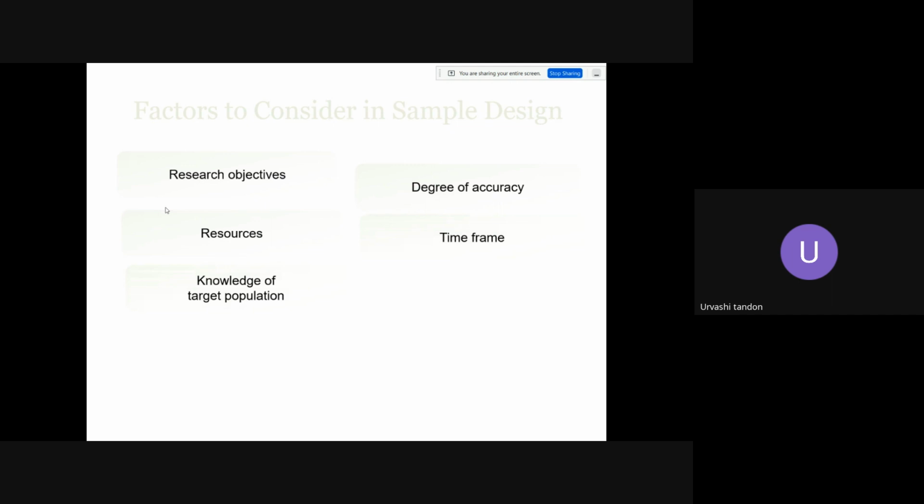And moreover, knowledge of the target population. Suppose I want to survey rural women with a medium literacy level, and I want to know their knowledge about mobile healthcare apps or femtech apps, as we call them.